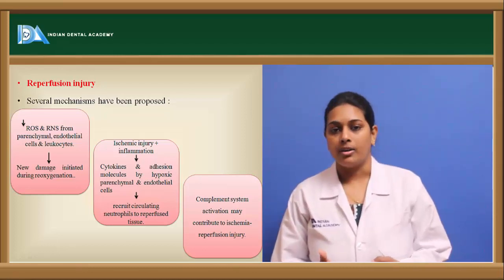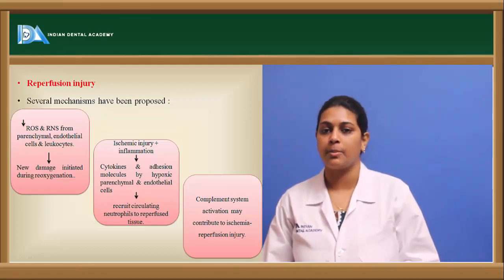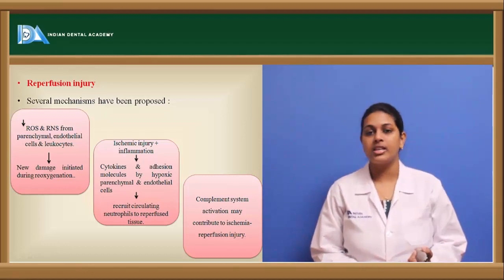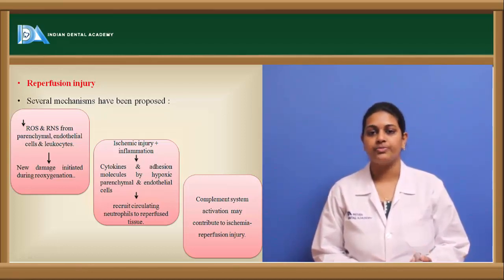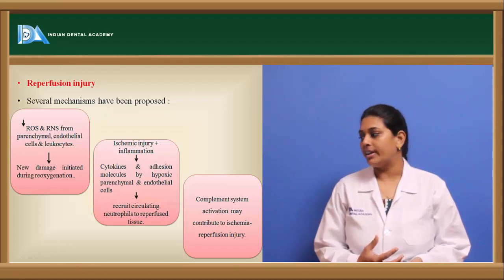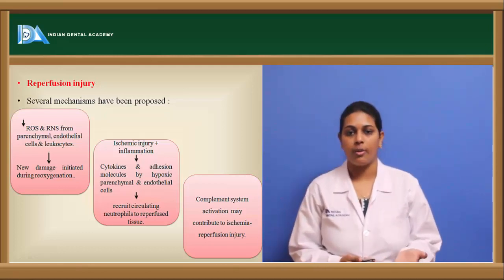That is, the cells which have been exposed to reduced oxygen supply start releasing these inflammatory mediators, which have the function of recruiting the circulating neutrophils to attract them to the area. So by this, the tissue will be reperfused to a normal tissue.